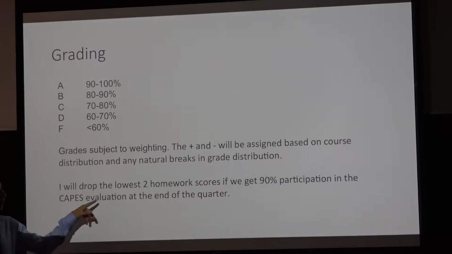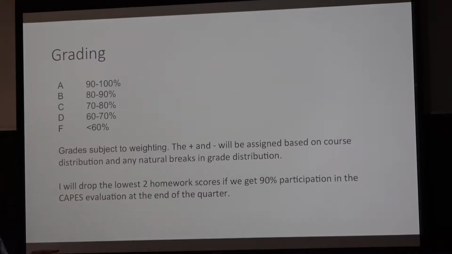I will drop the 2 lowest homework scores if I can get 90% of you to fill out the course evaluation at the end of the quarter. And the reason is because, when I was a student, I thought, oh, this is such a pain. I finished the final, and now they want me to fill out this one other form, right? And people really actually look at it. Like, my boss looks at it, and I look at it when I go to teach a class the next year, right?